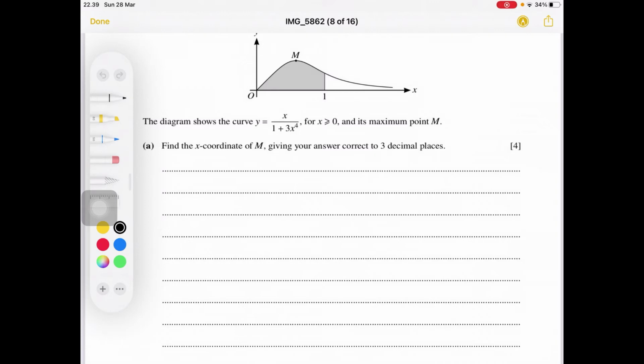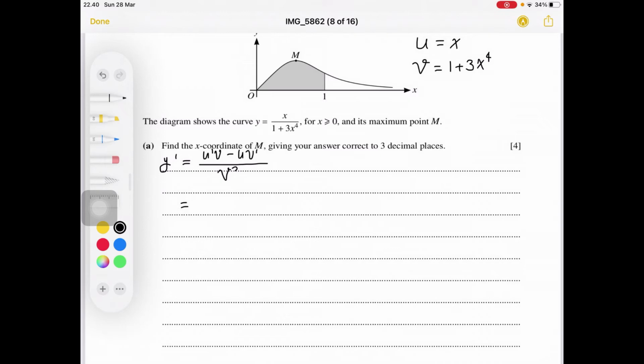This time we are going to use the quotient rule. The formula for the quotient rule is y prime is equal to u prime v minus u v prime divided by v square. And then later we are going to equate this one with 0. u is x and v is 1 plus 3x to the power of 4.